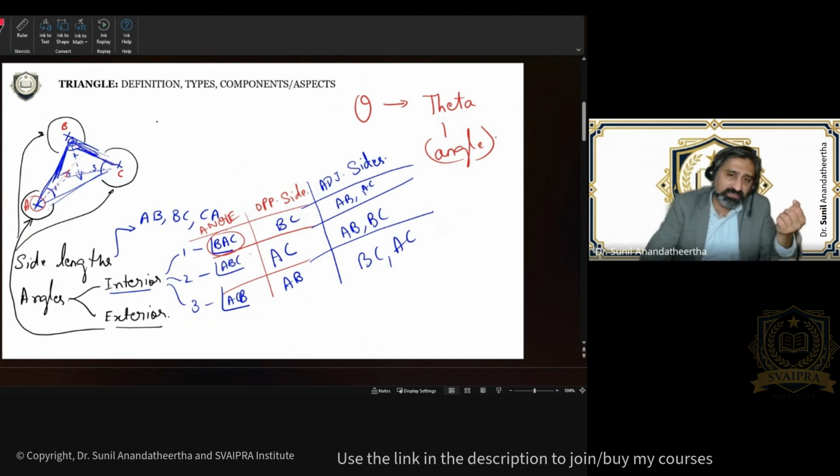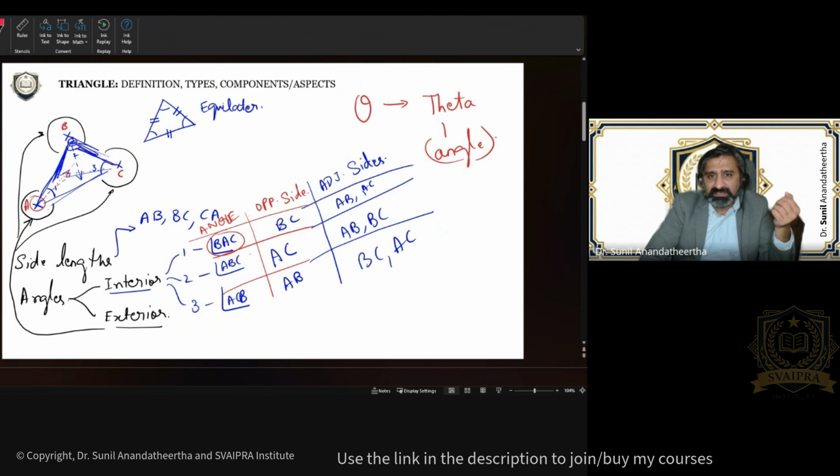The first one is pretty simple. When you have a triangle where all the angles are equal to each other, or in other words, all the sides are also equivalent to each other, then this is an equilateral triangle.